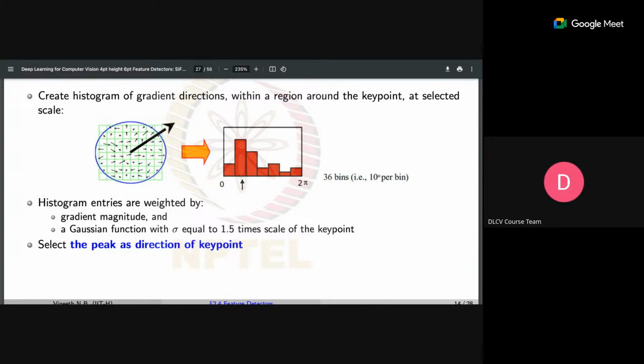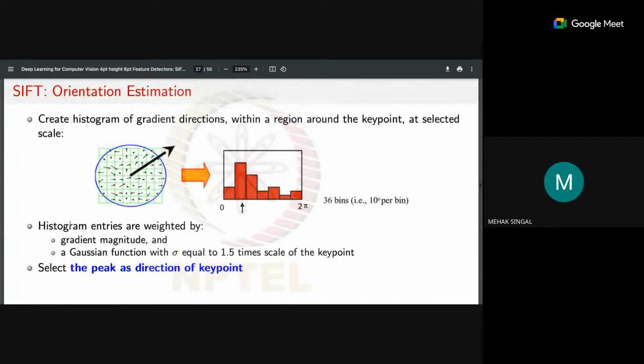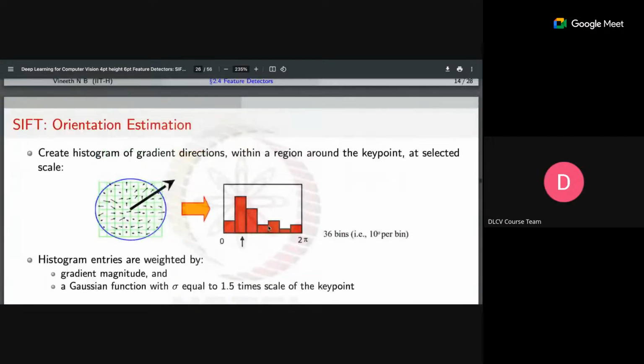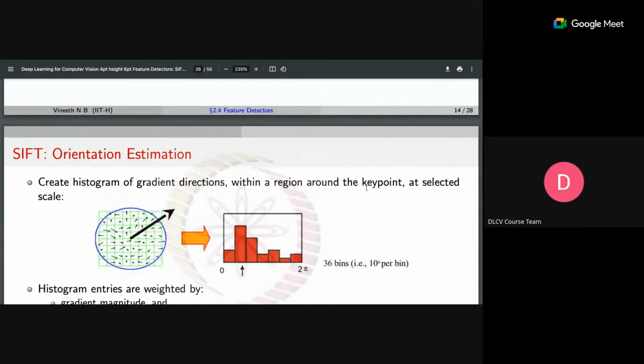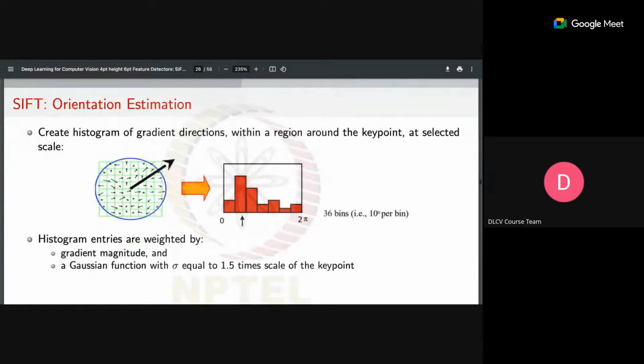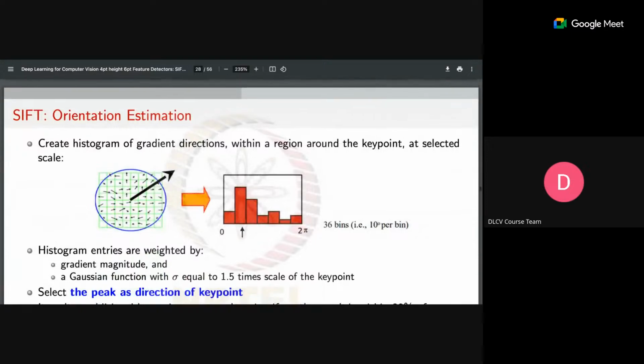You can create a histogram with the region around the key point, and you can choose the region based on your understanding. Maybe the SIFT algorithm has some region.